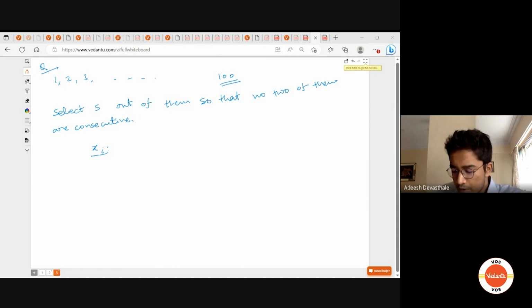My understanding of this equation is that when you are given a linear equation in n variables, and you want to count the number of non-negative solutions of it, you consider a bijection. Suppose x1 plus x2 plus x3 is equal to n.